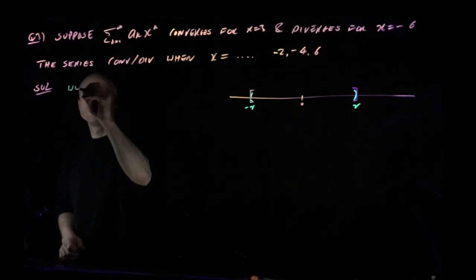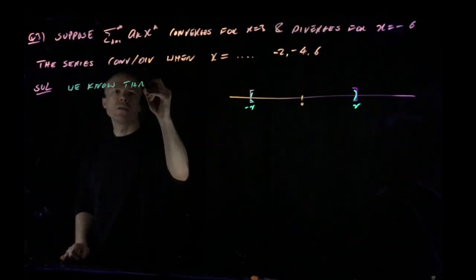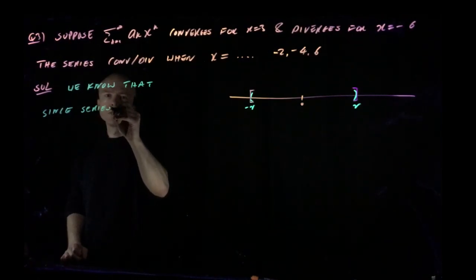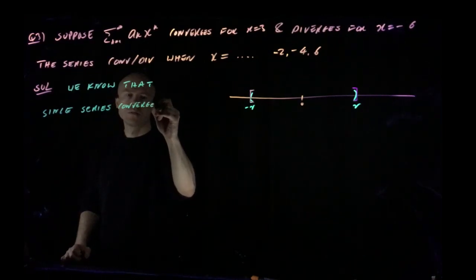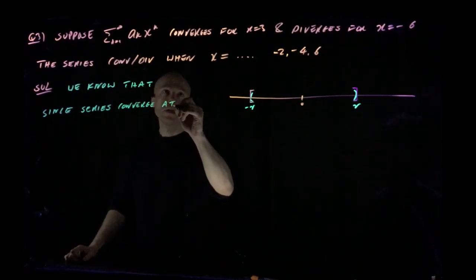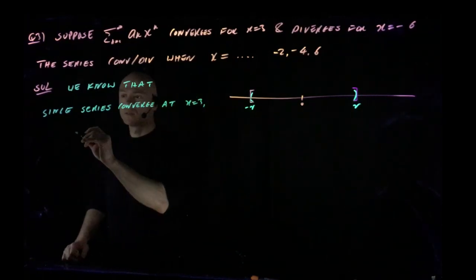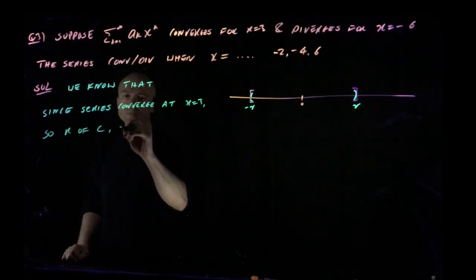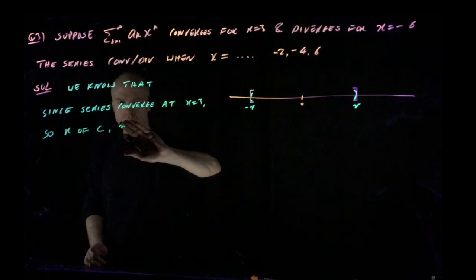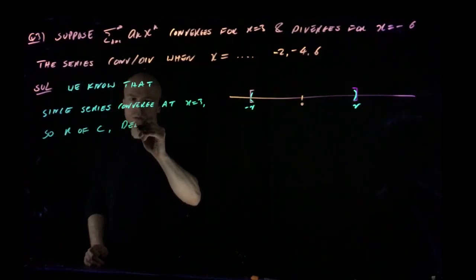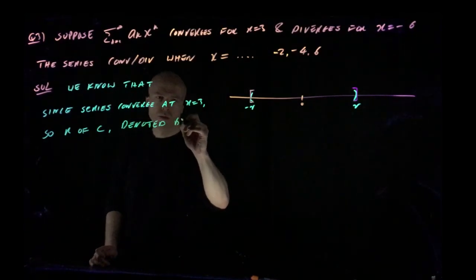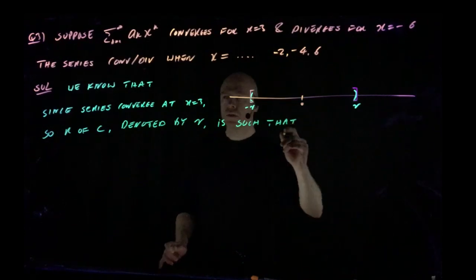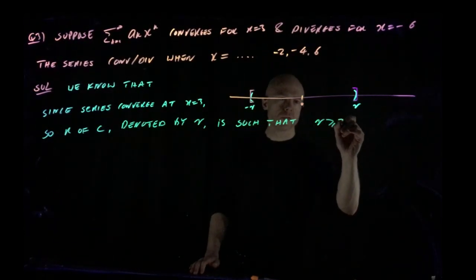We know that since the series converges at x equals 3, the radius of convergence, denoted by r, is such that r is bigger than or equal to 3.